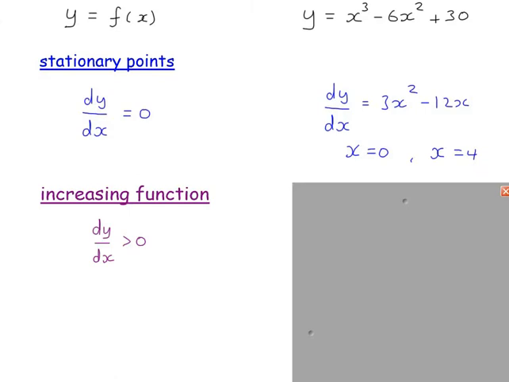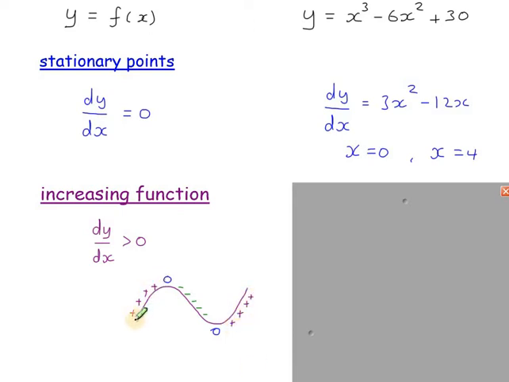The function is said to be increasing where the gradient is greater than 0. For example, on this curve the gradient is positive here, and then we have a stationary point, and then the gradient's negative, and then we have another stationary point, and then once again the gradient is positive.